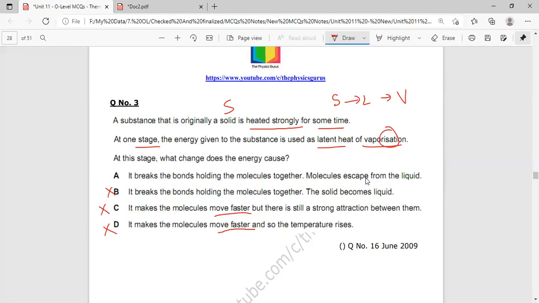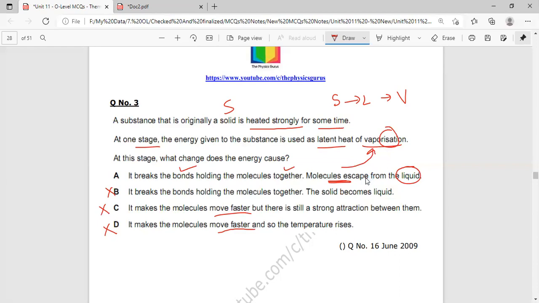It breaks down the bonds holding the molecules together. Molecules escape to form liquid. So molecules escaping is related with vaporization. So molecules escape from the liquid.